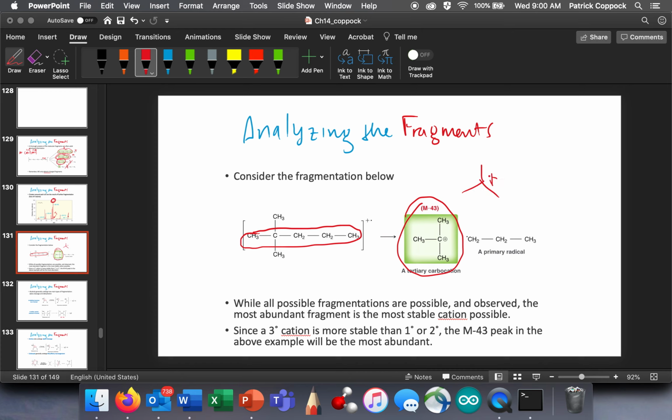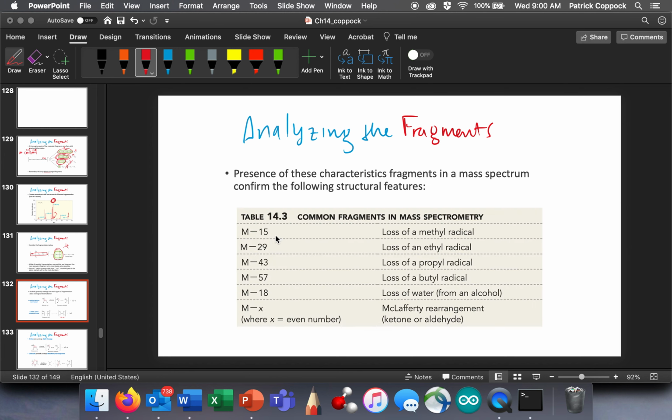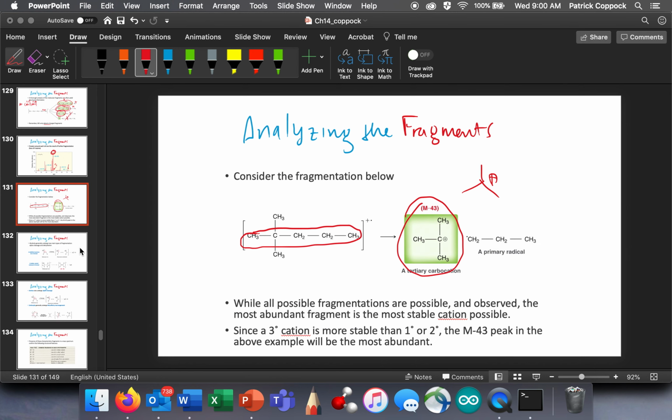So this is what we have here. A tertiary carbocation is very stable, and since that's very stable with 2,2-dimethylpentane, you can expect to see a very large percentage of them that are going to have 4 carbons in them because this is stable. So you are going to be able to make some predictions about mass spec, but again, we always have to make these predictions, I think, with some modesty.